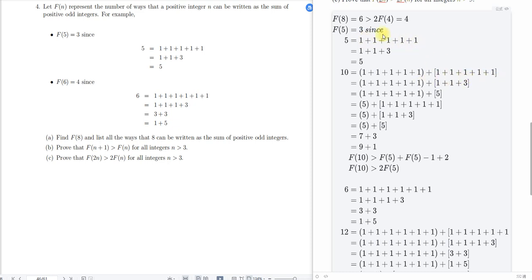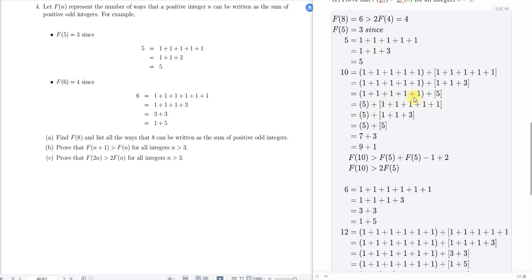So we use this first way, written as the sum of positive odd integers, and 1 plus 1 plus 1 plus 1 plus 1 plus 5, and the last one, 5 plus 5. There will be also 3, but you can see it's an overlap here.